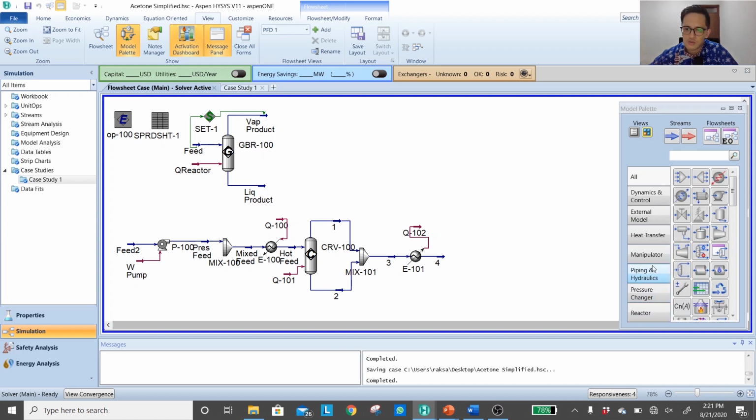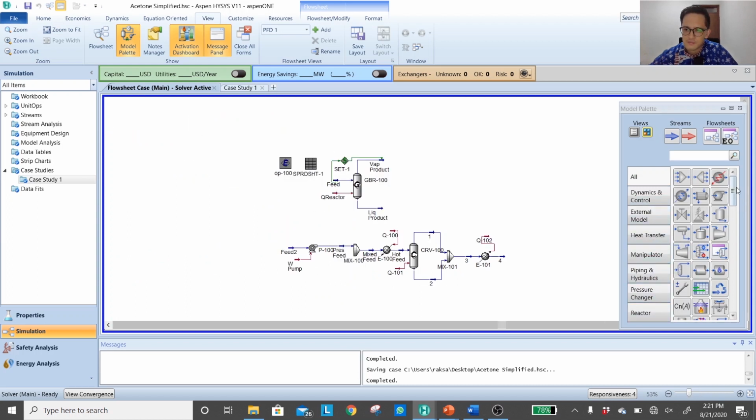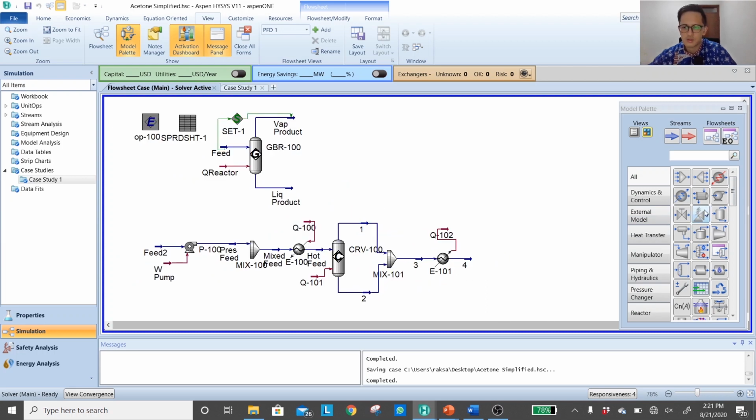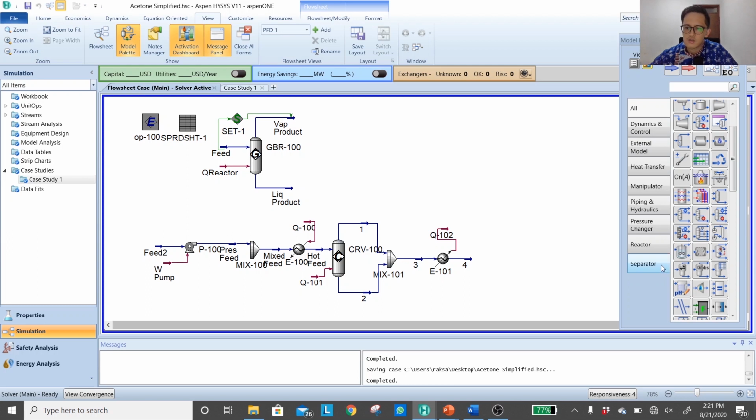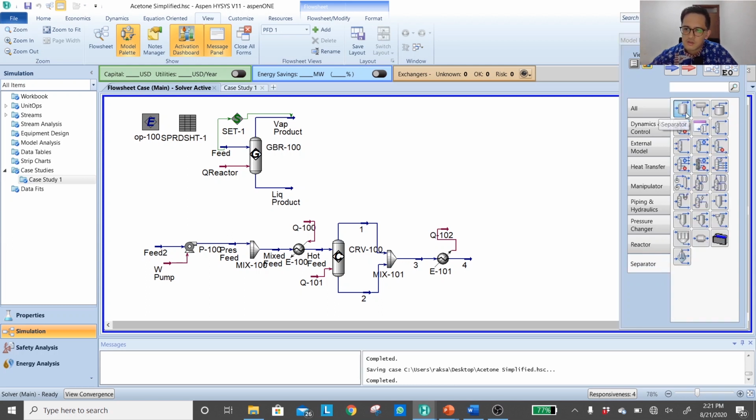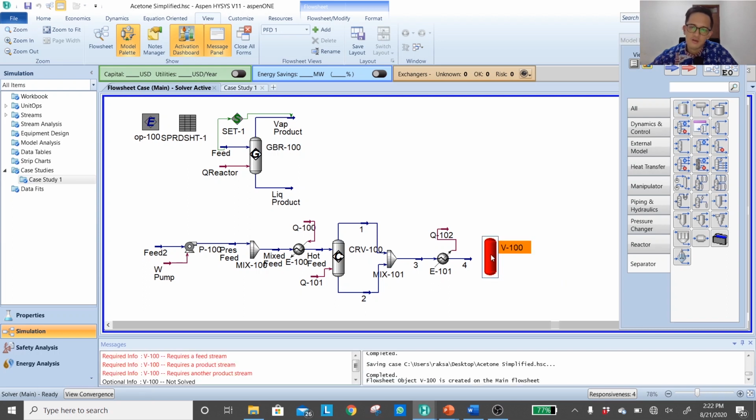Let's go to the palette, separator, the top left one. That's a two-phase separator, which means you have two products: the vapor product and the liquid product.